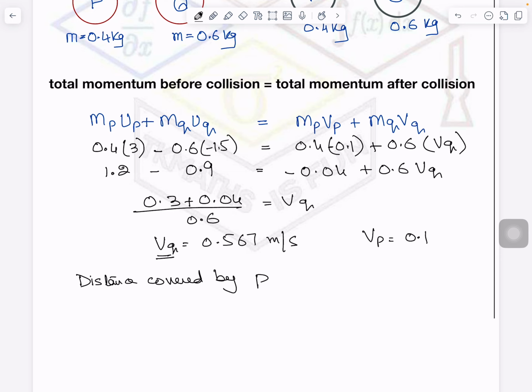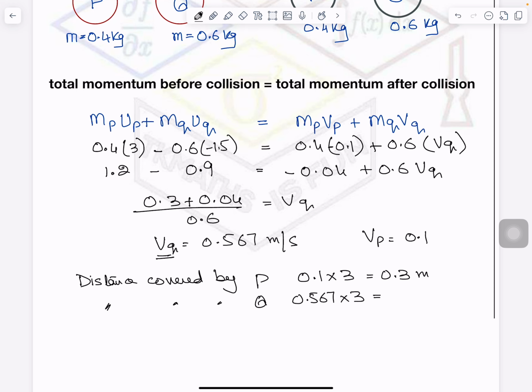Distance is equal to velocity into time. So 0.1 into 3 is equal to 0.3 meters. And the distance covered by Q, the velocity is 0.567 in 3 seconds.